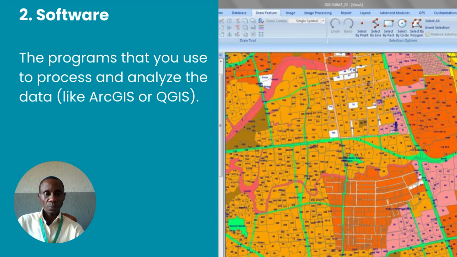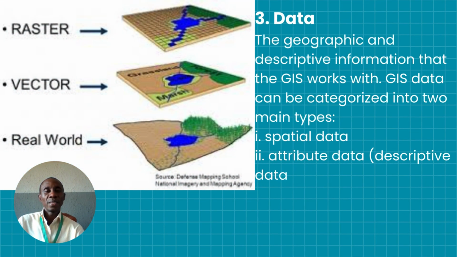And then we also have the data itself, the geographic and descriptive information that GIS works with. The data can be spatial and it can also be attribute data. Spatial in the sense of location, for example, a city: where is it located? And when we say attribute data, we are referring to qualities like maybe the population of that city.